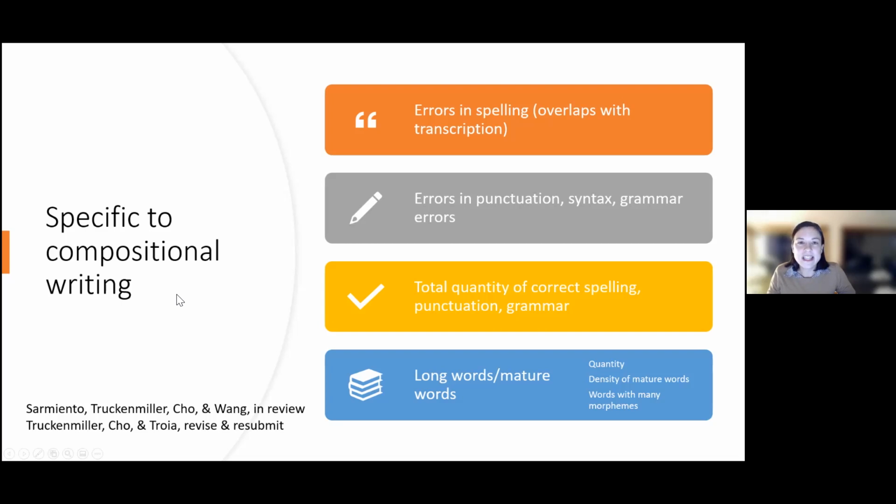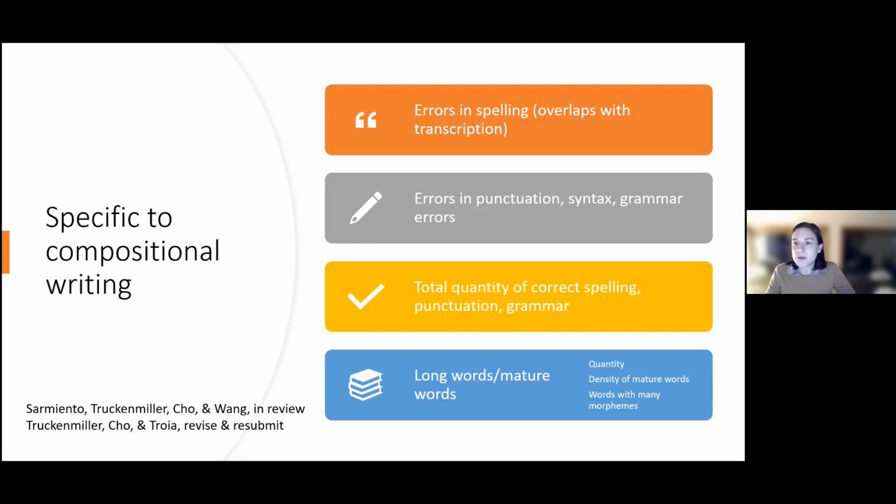We're really trying to nail down what are the ways that we can measure in students' writing their ability to show their knowledge of vocabulary and syntax, and then how does that relate to their overall writing development? And then can we connect that to important instruction?